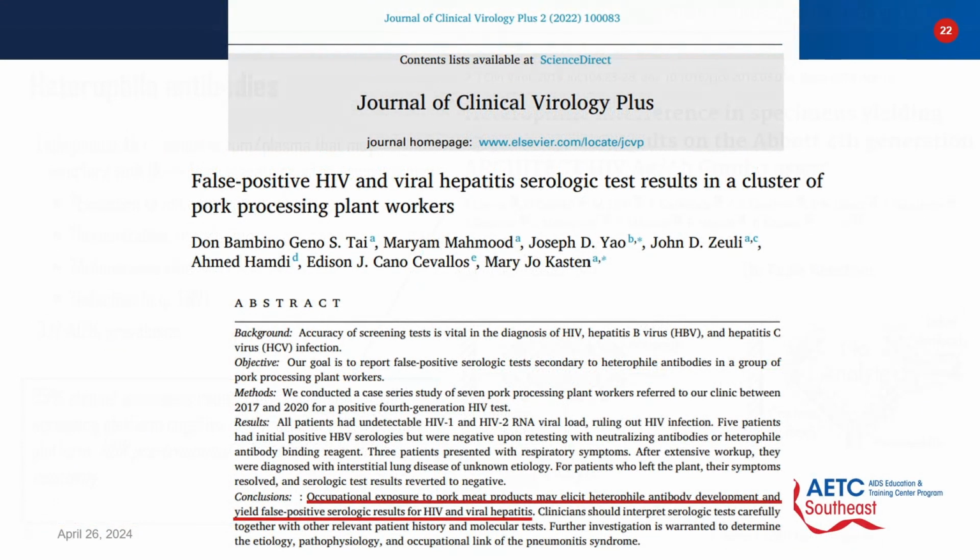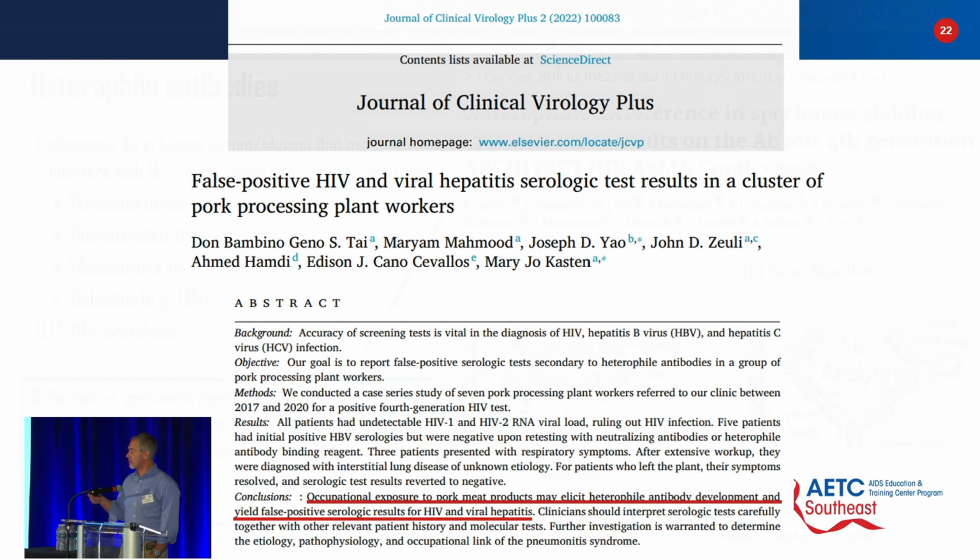And just to circle back to something that the patient herself had mentioned, it turns out that occupational exposure to meat products can, in fact, elicit the production of heterophile antibodies, leading to false positive tests for both HIV and viral hepatitis. So she was absolutely correct about that.